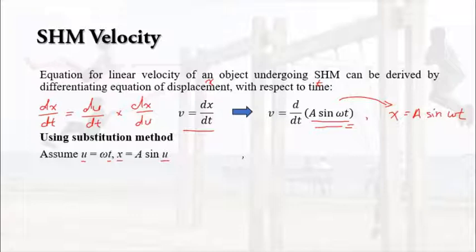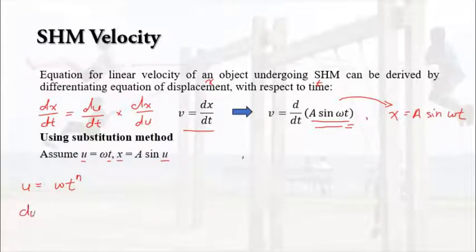So how are we going to differentiate it? Let's go through the basic concepts in differentiation. Let's say we have u equals omega t, and let's assume I don't know the power of t, so I'm just going to put an n here.